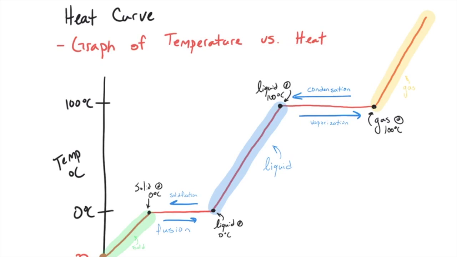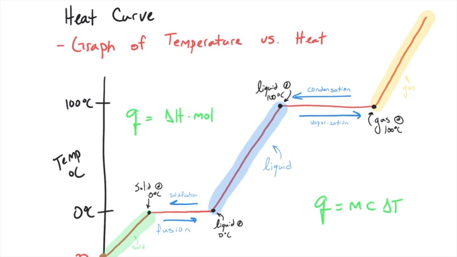The first one is Q equals delta H times moles. And again, we use this formula whenever we're calculating the heat lost or gained from a phase change or a change in state of matter. The other one is Q equals mc delta T. And we use this formula whenever we're trying to calculate the heat lost or gained when a substance simply absorbs heat and changes temperature.